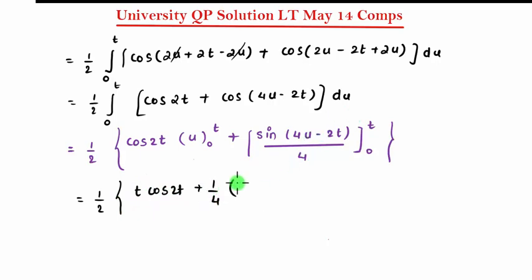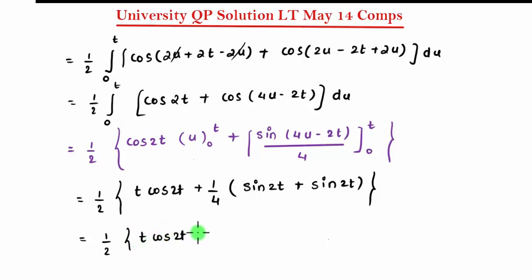Further, when we substitute t, that becomes sine 2t. When we substitute 0, that becomes sine of minus 2t, which comes to be plus, because sine of minus is minus sine, so plus sine 2t. So now 1 by 2 t into cos 2t, and this comes to be 1 by 2 sine 2t. That completes the answer here.